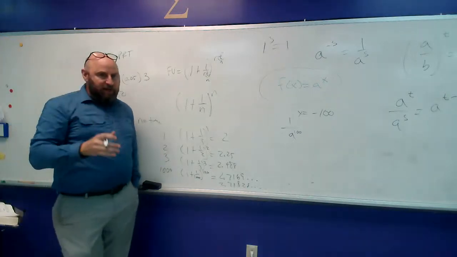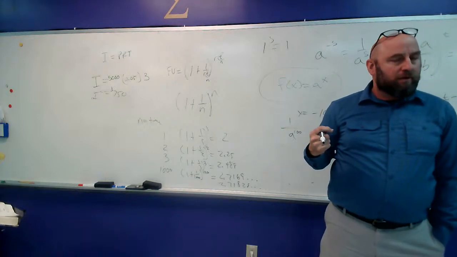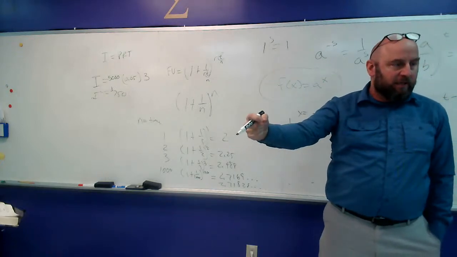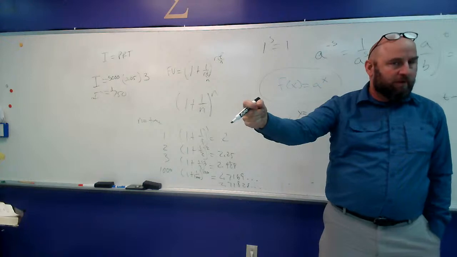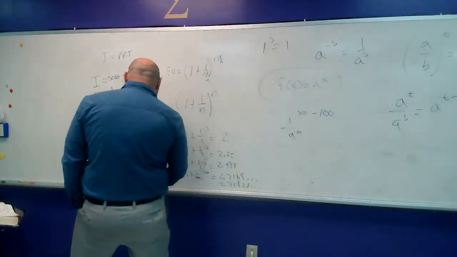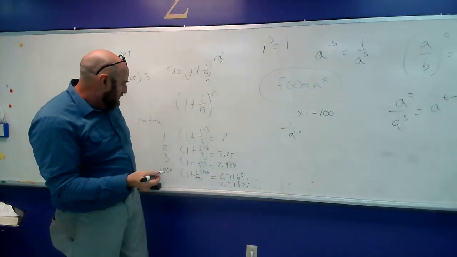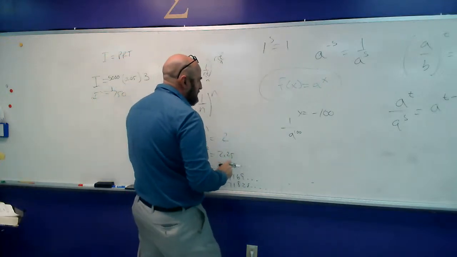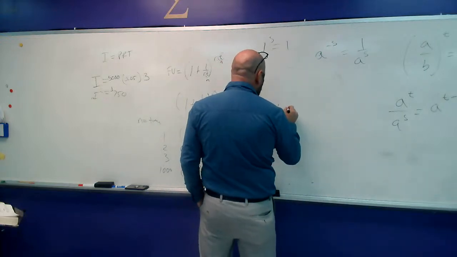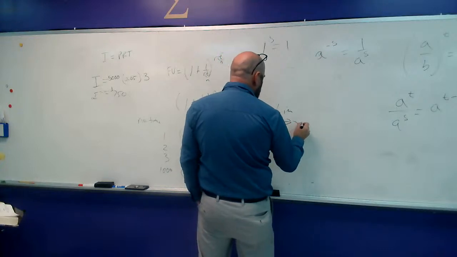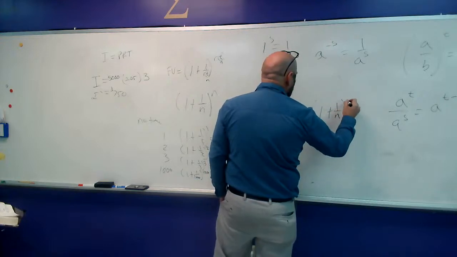Okay, so here's what we're saying. There comes a point when your compounding of things doesn't change the calculation. So if we write it like this, the limit as n reaches infinity of 1 plus 1 over n raised to the n.